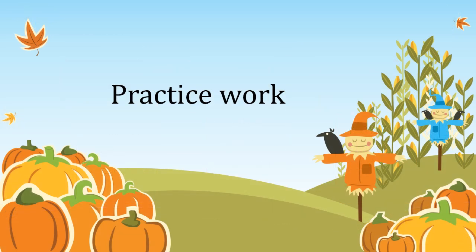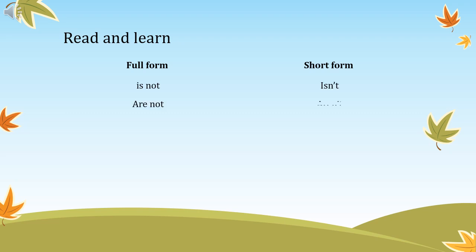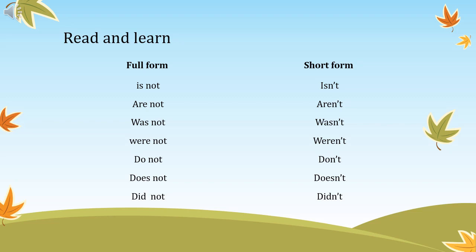Now we will practice how to make short forms. Here is a list in front of you, full form and short form. These are the words with not. In all these words, O has been skipped from the word not and at the place of O, an apostrophe has been added.